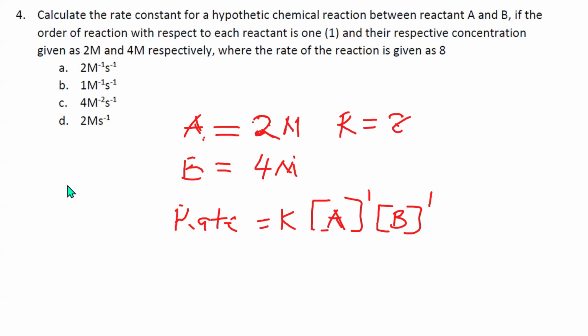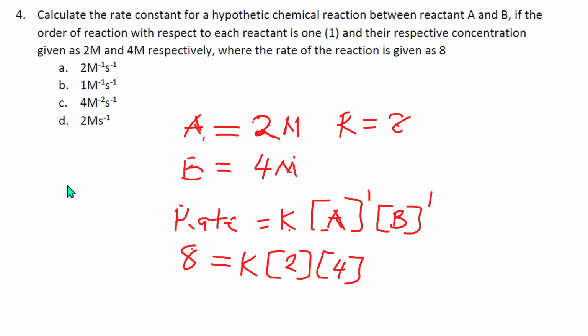So now what are we going to do? We are to calculate the rate constant. So how are we going to calculate our rate constant? We have our rate, which is 8 here, and K is unknown, and then we have A, which is 2, and B, which is 4.